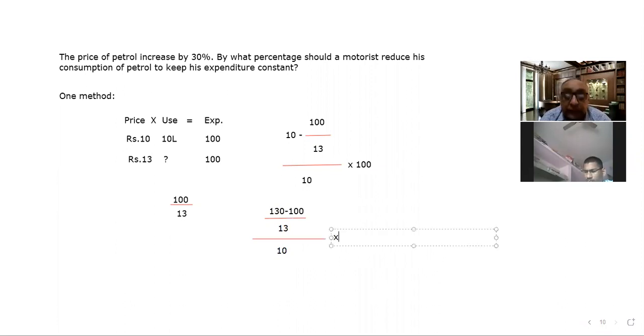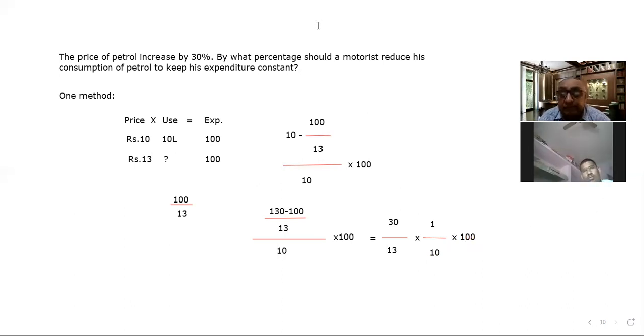The whole thing becomes 30 upon 13, multiplied by 1 upon 10, because dividing by 10 upon 1 would become multiplying by 1 upon 10. And this is further required to be multiplied by 100.